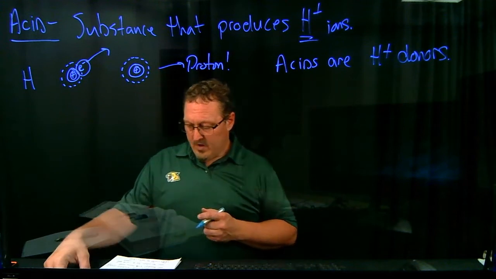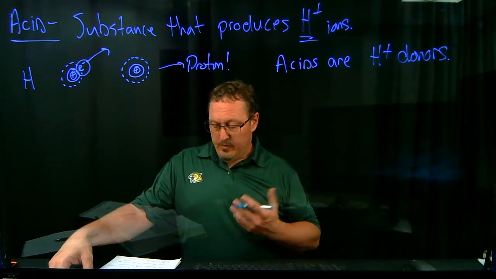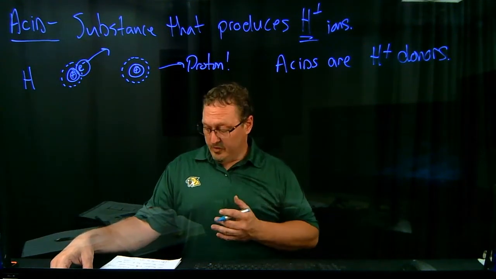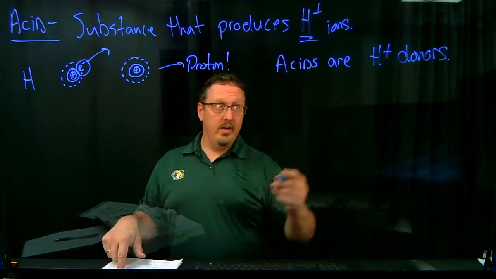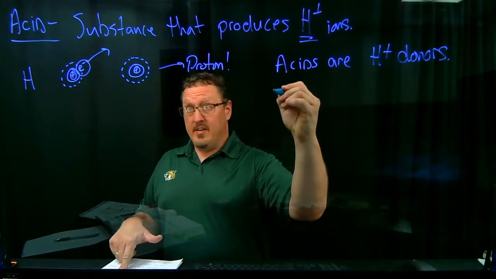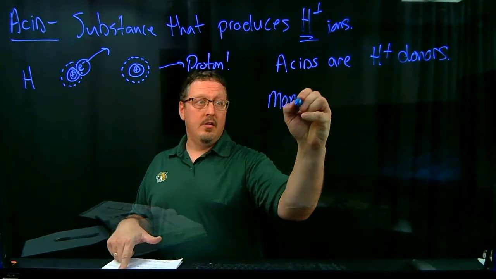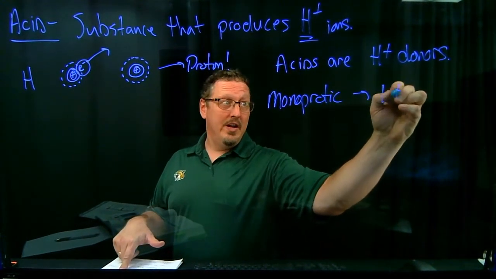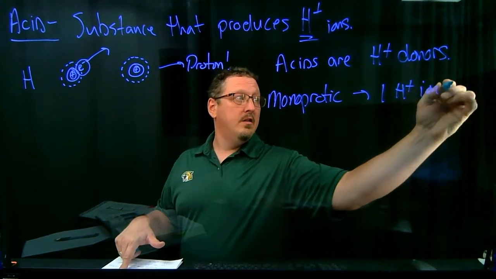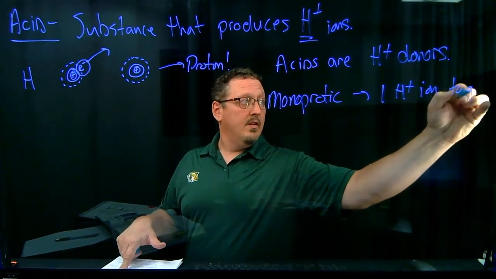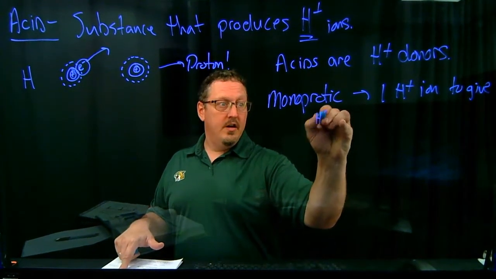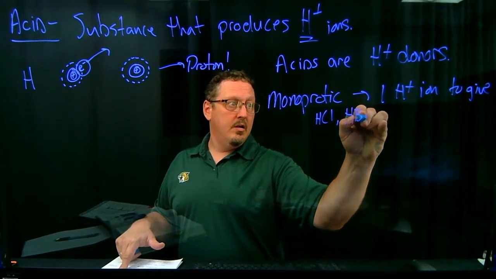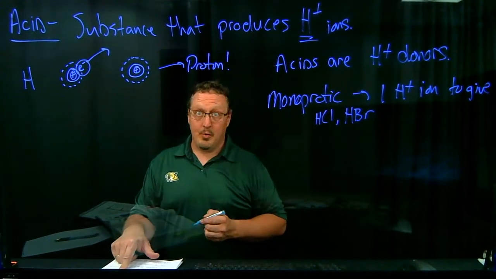We've got some common acids, and we'll talk about what those look like in just a little bit. We have a phrase that we call monoprotic, which means it has one H plus ion to give away. So HCl and HBr are our monoprotic acids.